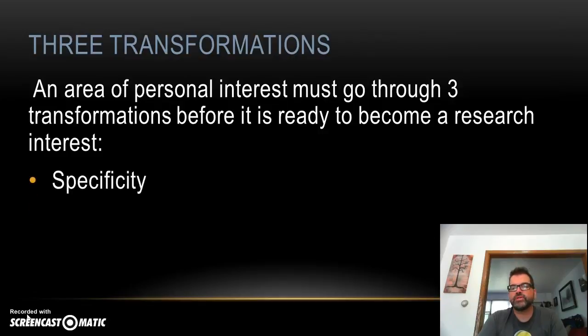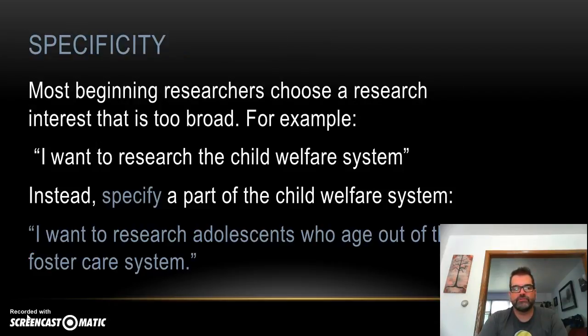So let's talk about the 3 transformations that you need to work with in order to refine a personal interest into a research interest. Specificity, focus, and perspective. Let's start with specificity. Most beginning researchers choose a research interest that is too broad. My personal interest was I want to research the child welfare system.